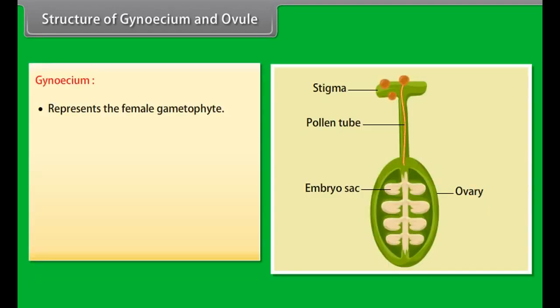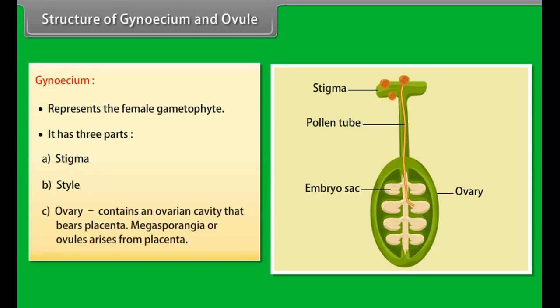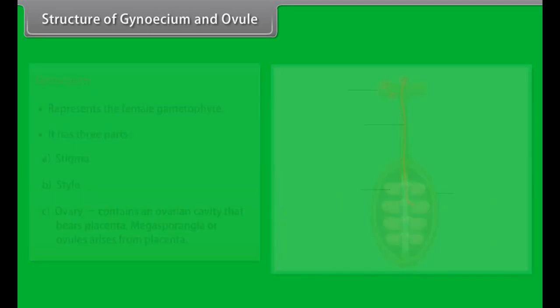Structure of gynoecium and ovule. Gynoecium represents the female part. Has three parts: stigma, style, ovary. Contains an ovarian cavity that bears placenta. Megasporangia or ovules arise from placenta.